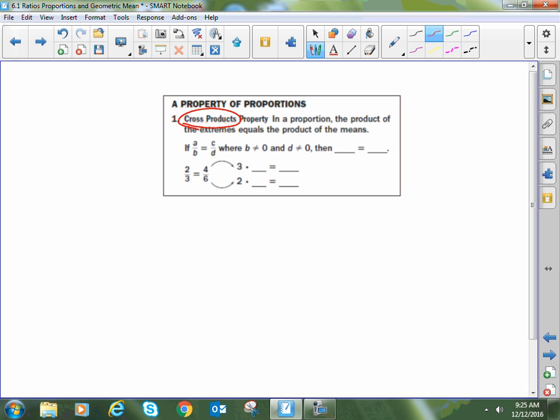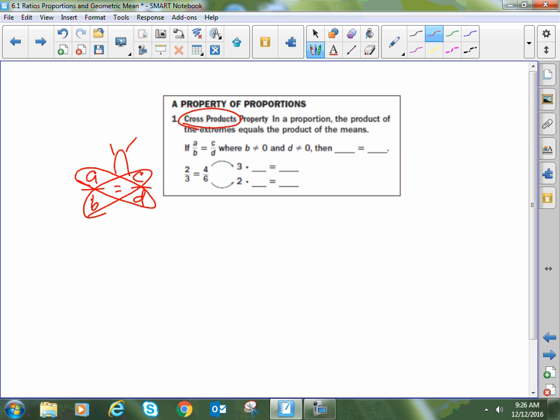If I have A over B is equal to C over D, depending on what you might have seen in prior math classes, your math teacher probably circled the things that were going to be multiplied together, and they called that the butterfly method because it kind of looks like a butterfly.